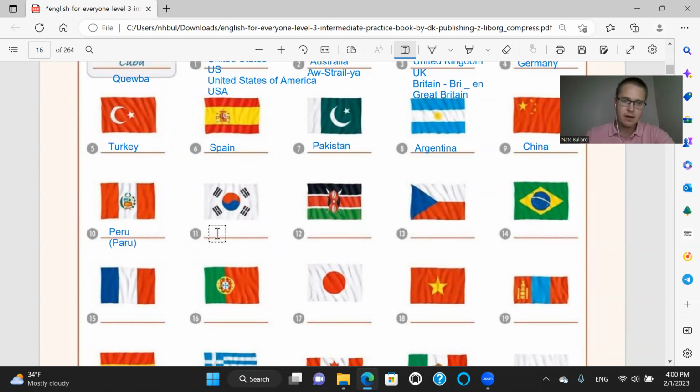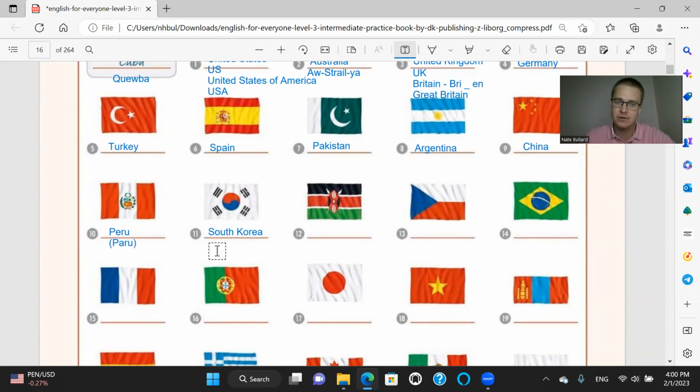Okay, number 11. This one is South Korea. En español, Sur Corea o Corea del Sur. En English, South Korea. También en inglés hay unos estados en Estados Unidos. Hay el estado de North Carolina, South Carolina, West Virginia.